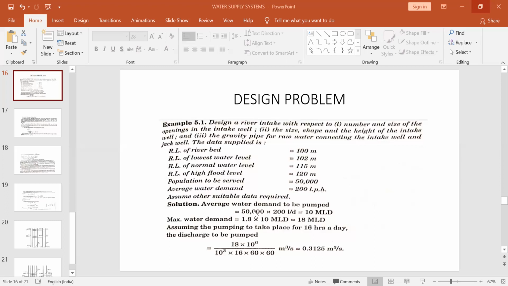Now, there are 50,000. So what is the total use of water per day? 50,000 into 200. So this is 10 million liters, MLD. MLD is million liters per day. So that means this city has to be supplied a volume of 10 million liters, 10 into 10 to the power 6 liters, in one day.